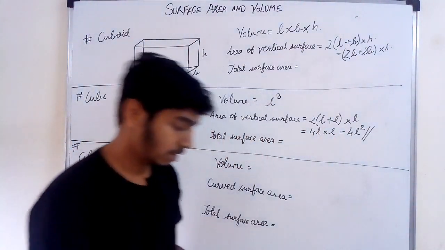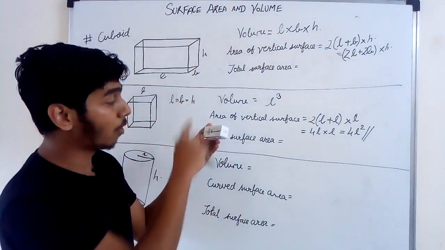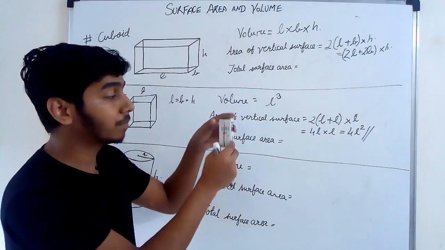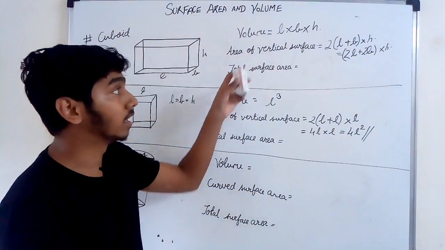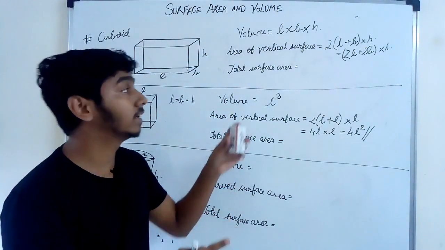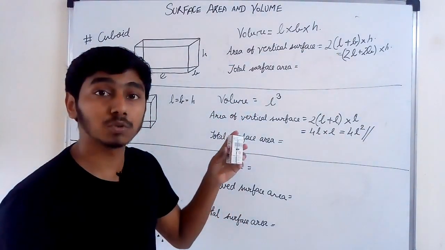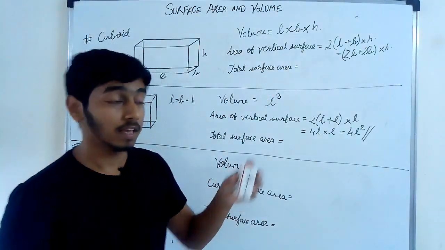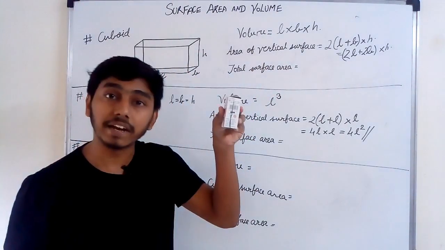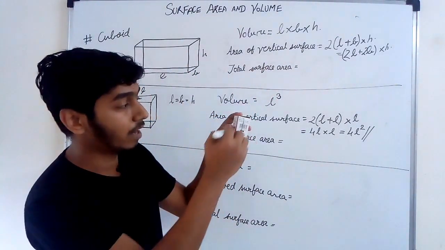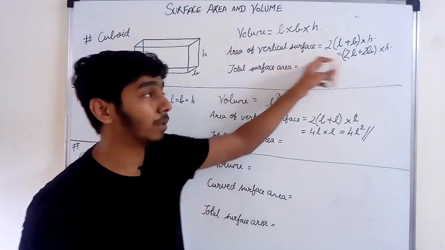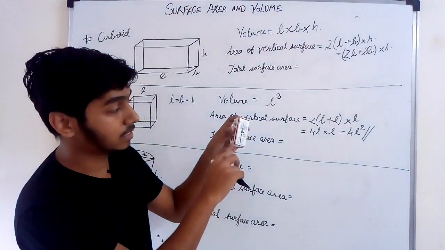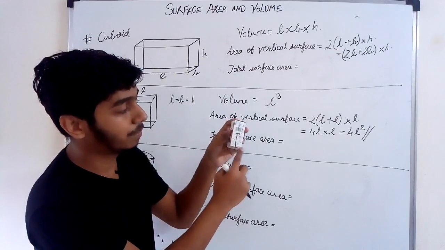Now if we had kept the cuboid like this, then again the length, breadth and height will change. So what are we supposed to consider for the area of the vertical surface? If this cuboid is kept straight, then we have to consider this height, and the formula will remain the same. This is the length and this is the breadth.